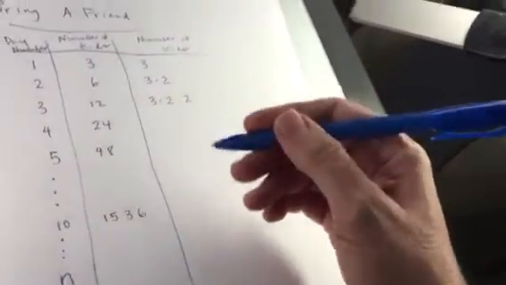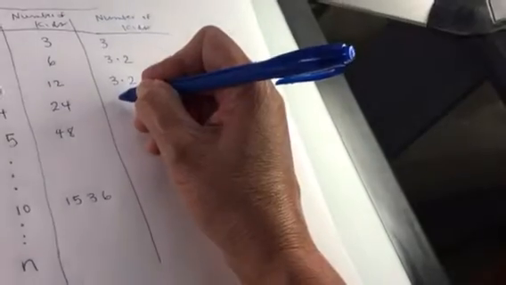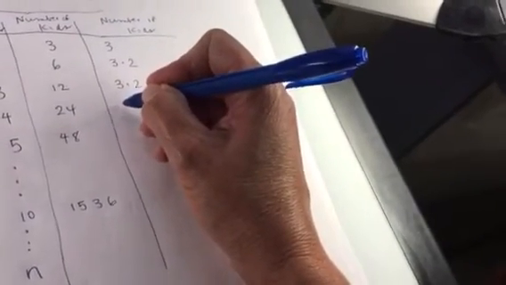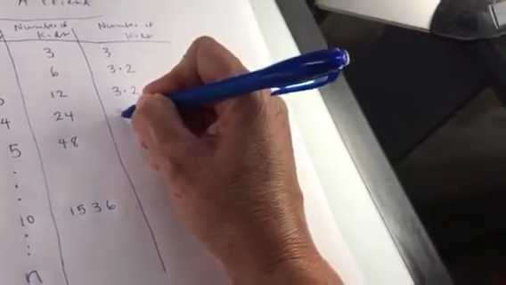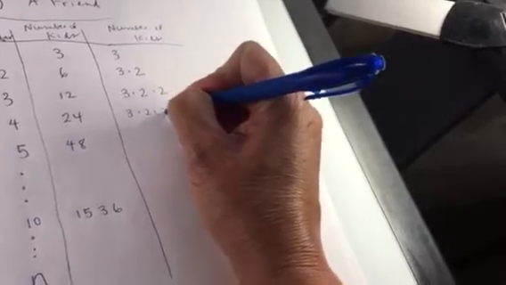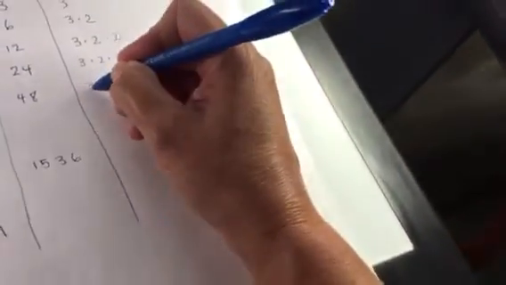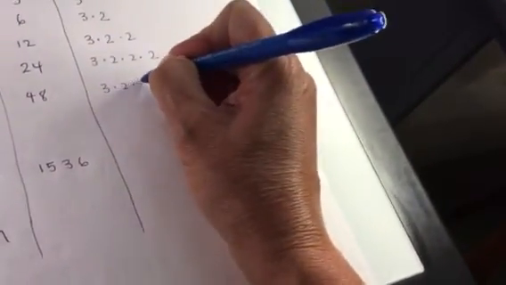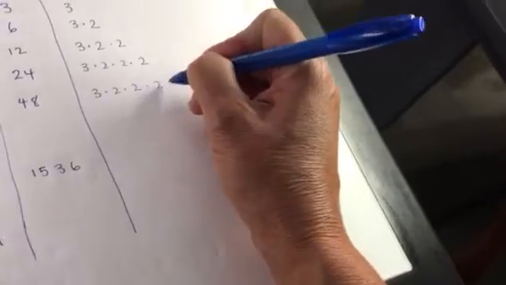Every day, I'll take the previous day and multiply by 2. So day number 4 was 3 times 2 times 2 times 2. And day number 5 was 3 times 2 times 2 times 2 times 2.